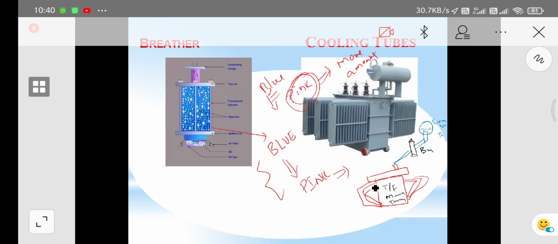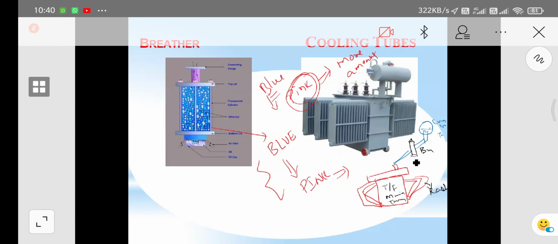These are the water portion. These are all radiators here.